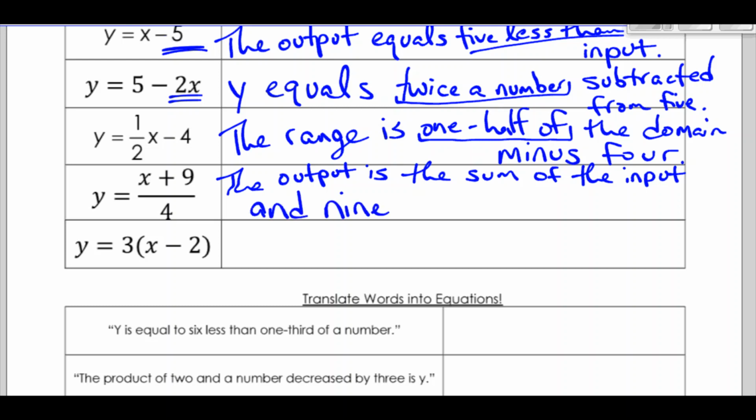So all I've said so far is the sum of the input and 9. That's the addition problem on top. And I want to have all of that divided by 4. Now, if I just say divided by 4 right then, I'm only saying that the 9 gets divided by 4, but that's actually not what I want to say. I want to say the whole thing gets divided by 4, so I'm going to put a comma there. That implies that everything that came before it, all of that is divided by 4.